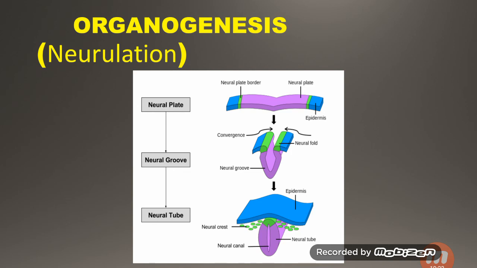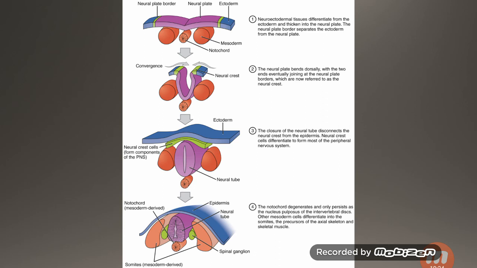Neural tube will be clearly seen in 29 hours embryo. The anterior part of the tube develops into brain and the rest of it forms the spinal cord.